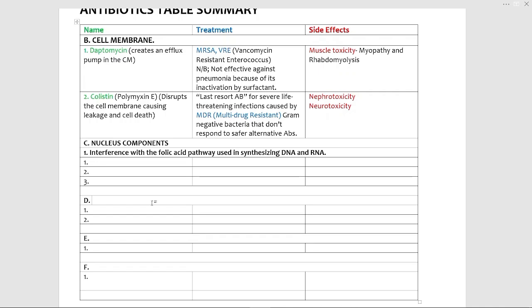So here we are going to look at how the bacteria manufactures or synthesizes its own DNA and RNA, and it does this by using the folic acid pathway.